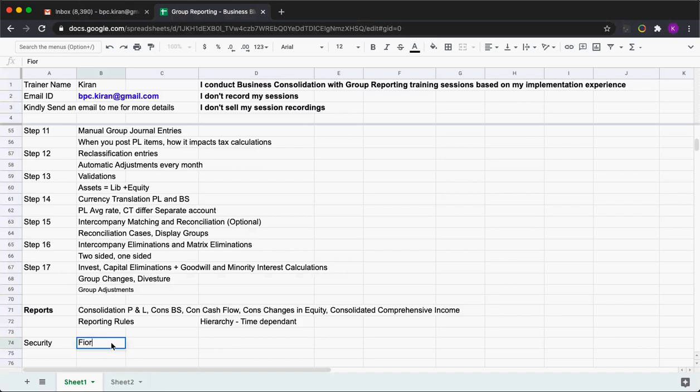So security. All the Fiori apps, what are the Fiori apps you want to use? You can list them out. If you don't have a list, that's okay.